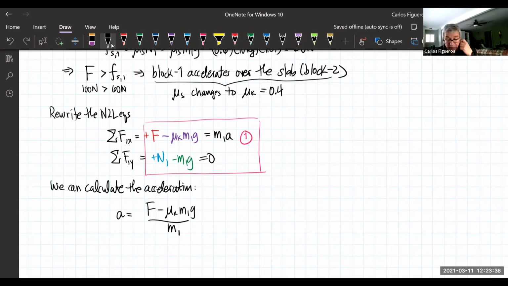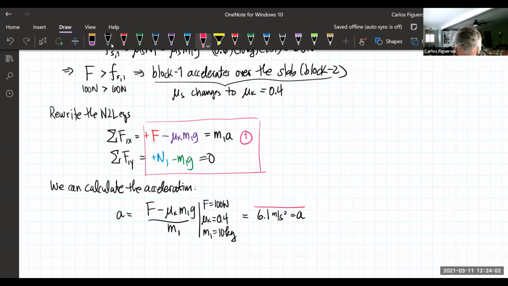It's right there. So here I go. I know that F is 100 newtons. I know that mu of K is 0.4. And I know that M1 is 10 kilograms. So if I plug everything into here, I get an acceleration of 6.1 meters per second squared. I now know the acceleration of this block.